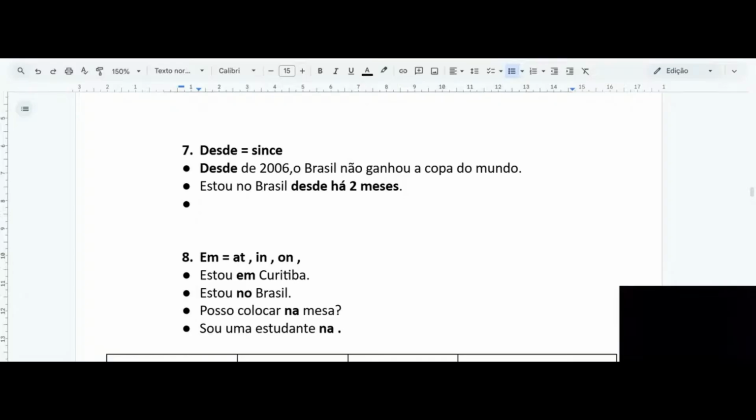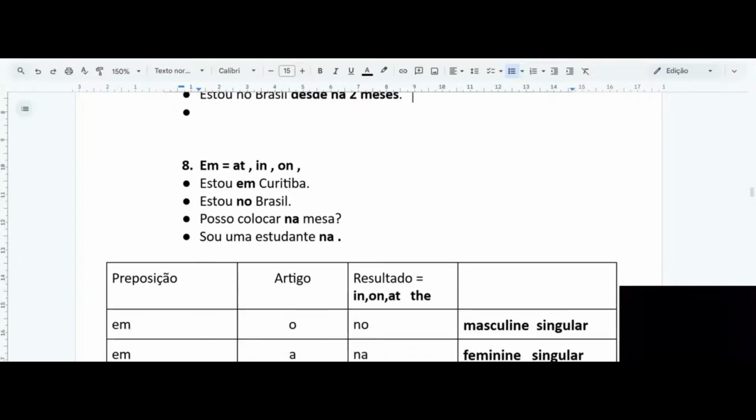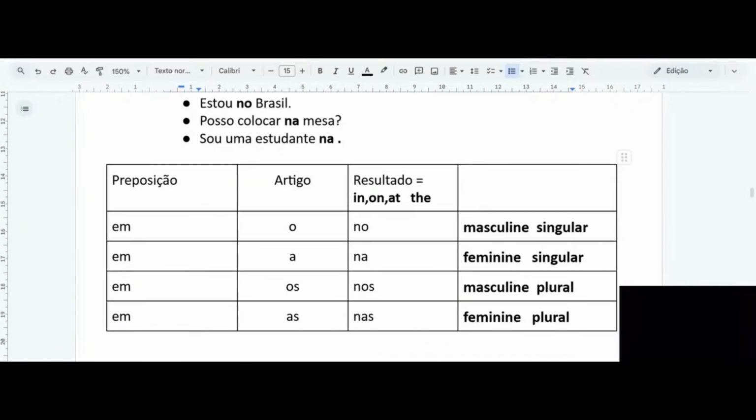Okay, in, on, at. So how did we get the "no" and the "na"? Then we go by the rules again. When "em" as a preposition, someone is asking, Sinasami, I've been hearing you saying "en", but the thing is "em", and you're saying "en".